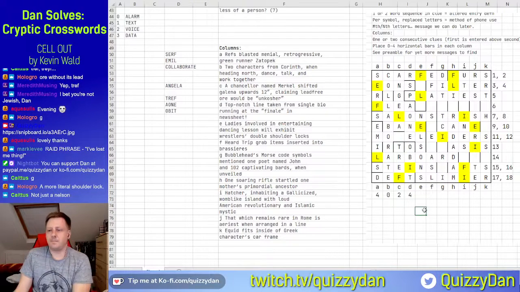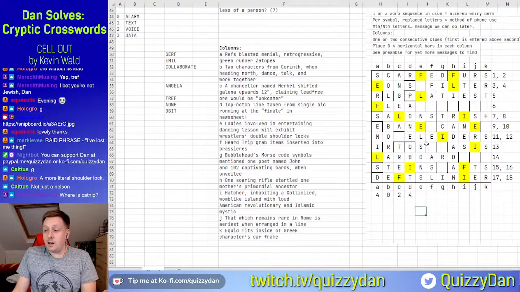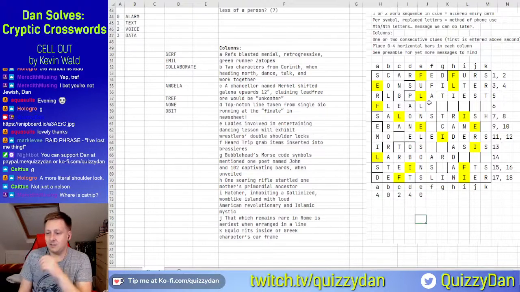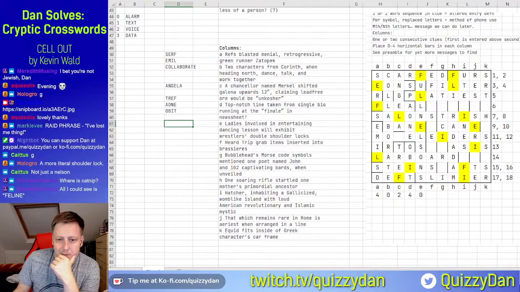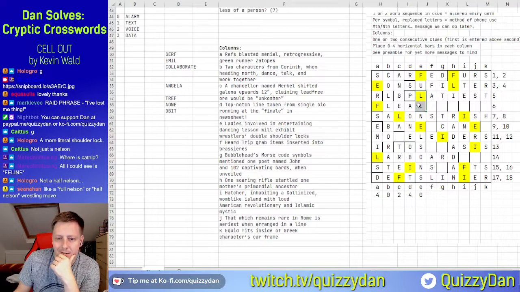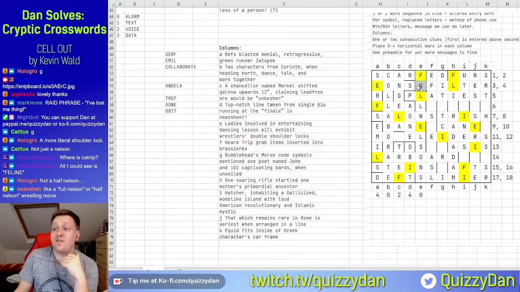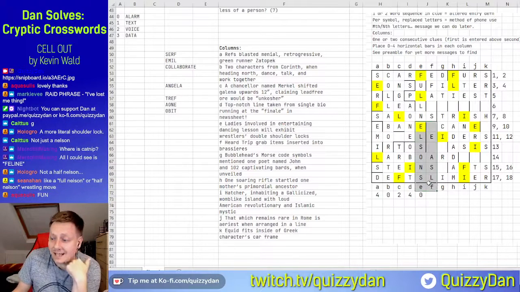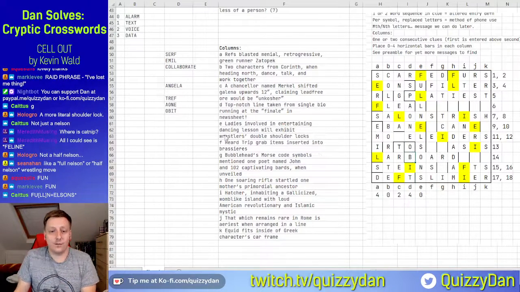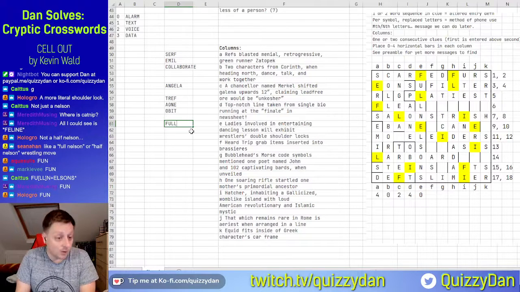And full Nelsons. There's not a single horizontal bar to put in that one. So ladies, double L, involved in entertaining, which is fun. So it's double L in fun, anagram of lesson, and you get full Nelsons. It was fun, you're right, absolutely.